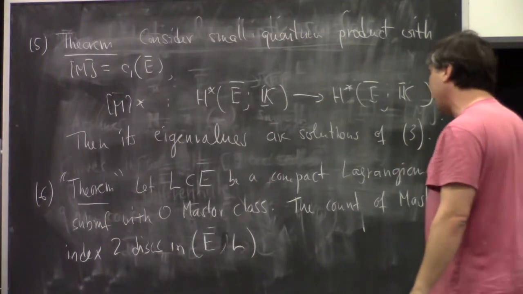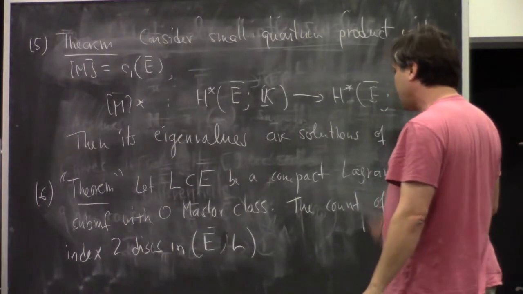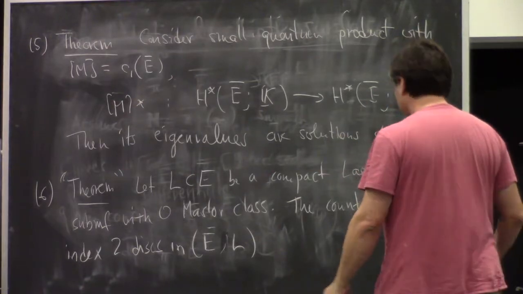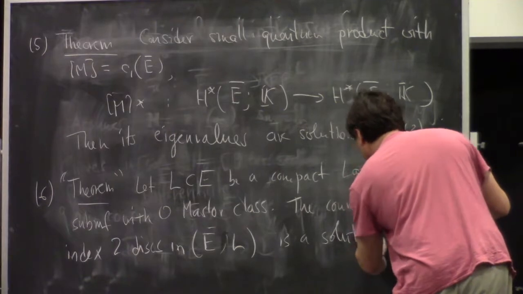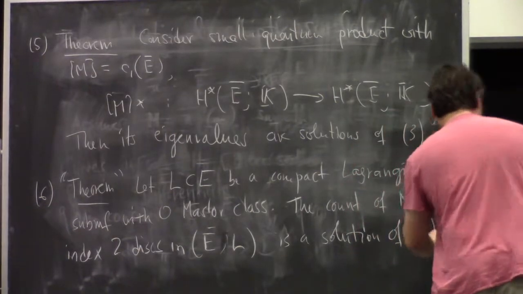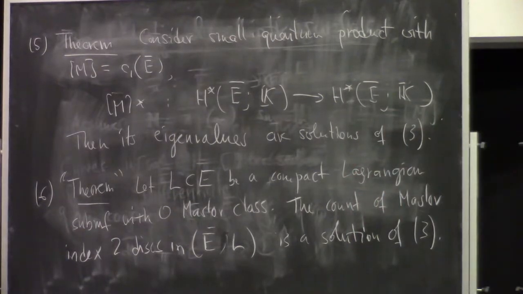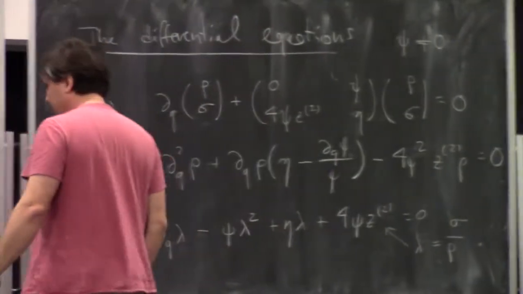So you can count how many of those go through a given point of L, and that gives you a series in Q, which is a solution of this equation. Okay, so that's why I called it.